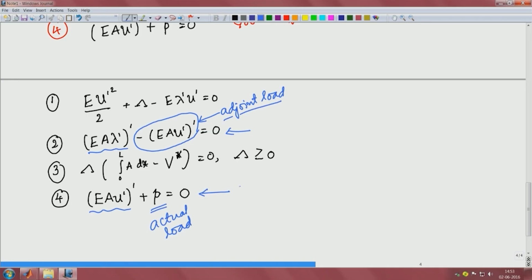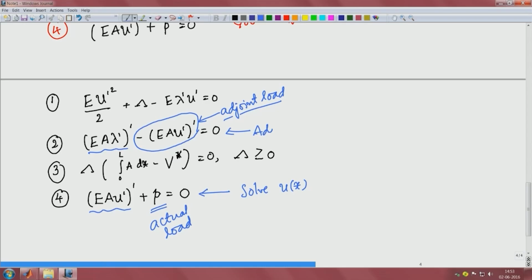This equation helps us solve u of x. If somebody gives us E, A and P, we can solve for u. Similarly, this we call the adjoint equation. If somebody gives us the adjoint load and E and A, we can solve for lambda. So, using this we can solve for lambda of x.